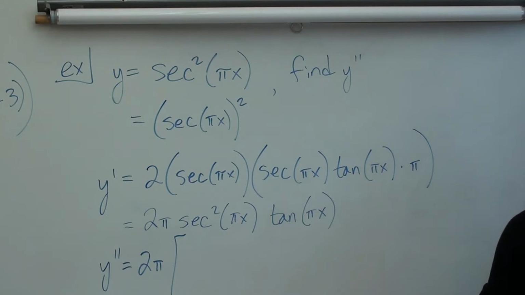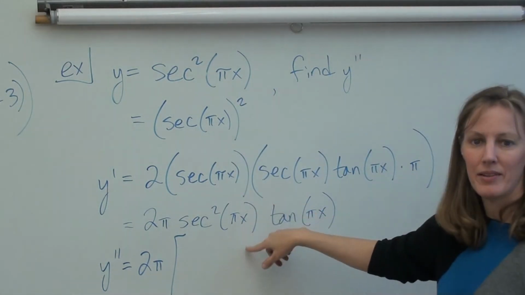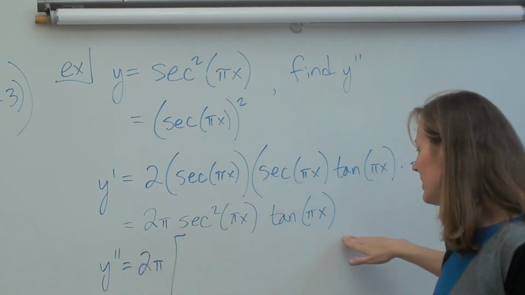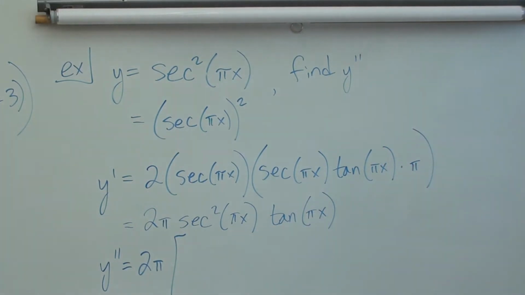Wait, why is it multiplied, not disappearing? Because it's a coefficient, not a constant. Okay. Now, the derivative of secant squared you actually just did, right? You could just copy this for the derivative of this term right here. That's what I'm going to do.